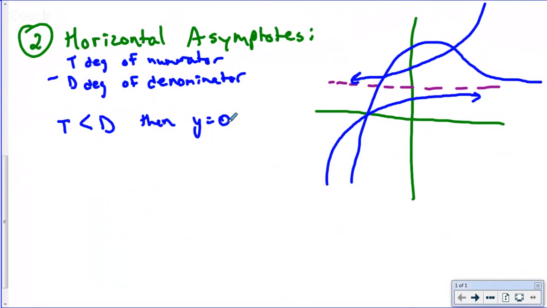So if you have a higher exponent in the bottom than you do in the top, y equals 0 is your horizontal asymptote.